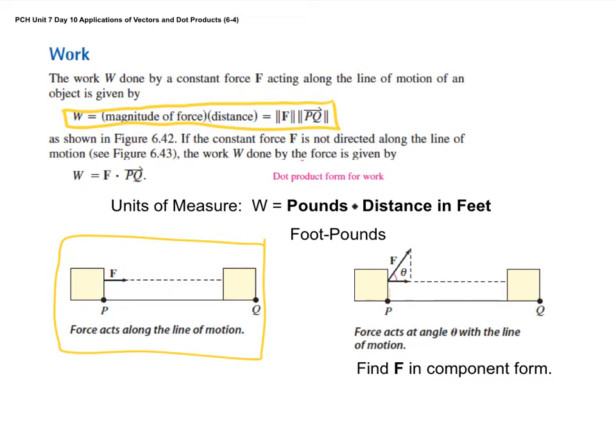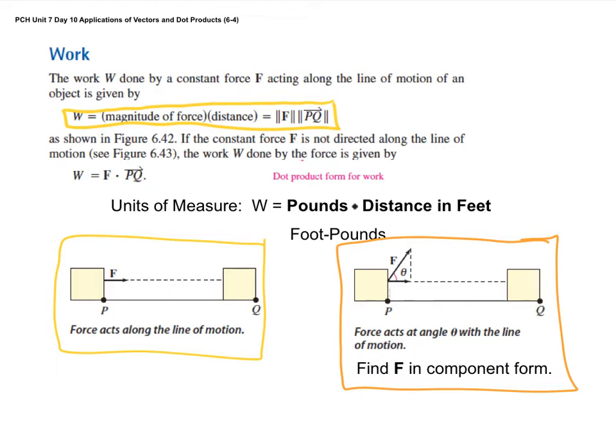Now, we don't always have our force vector aiming in exactly the same direction as the motion. That's what we have in this example over here. You'll notice here that we have a force at a particular angle.